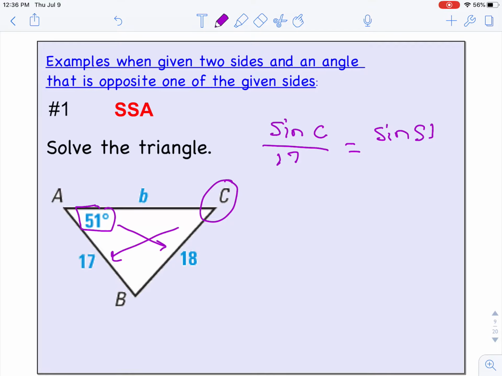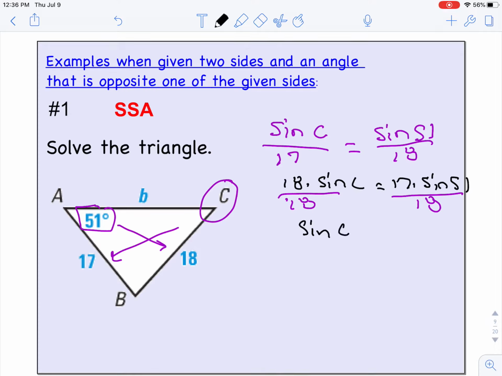So the sine of 51 over 18. Cross multiplying, we get 18 times the sine of C equals 17 times the sine of 51. Now to solve, we need to divide this by 18.